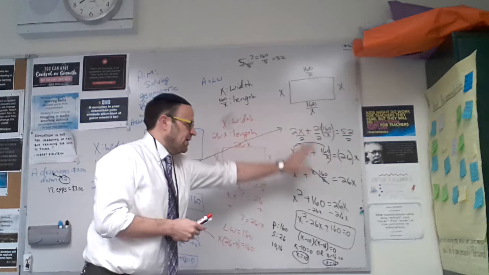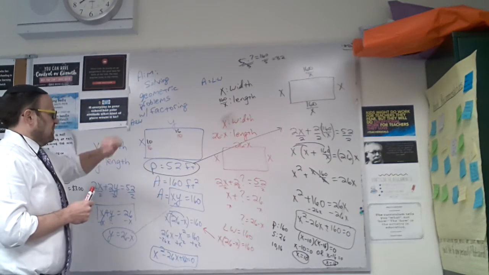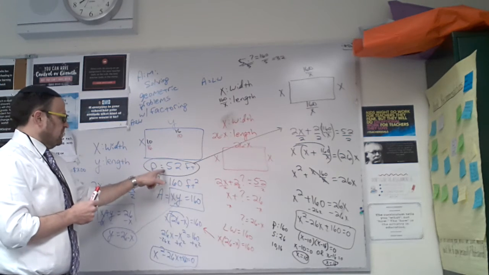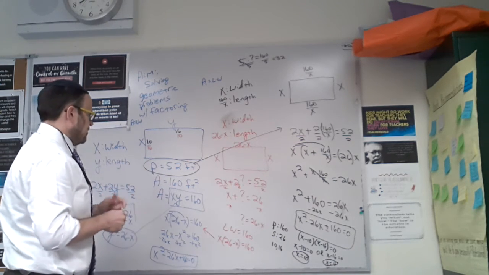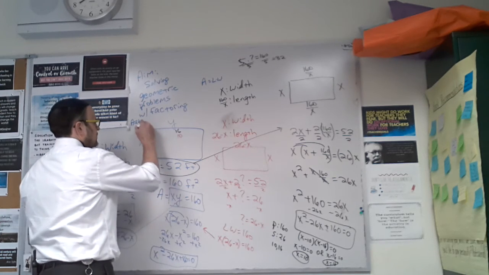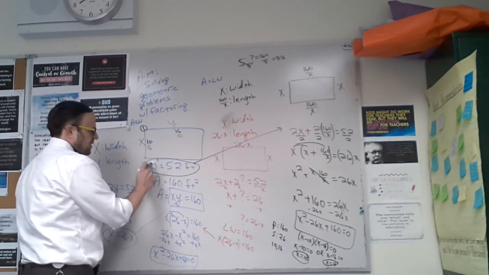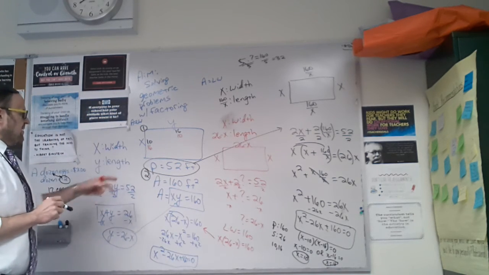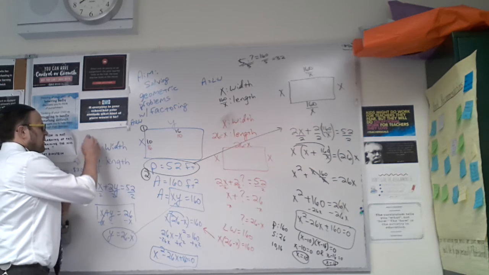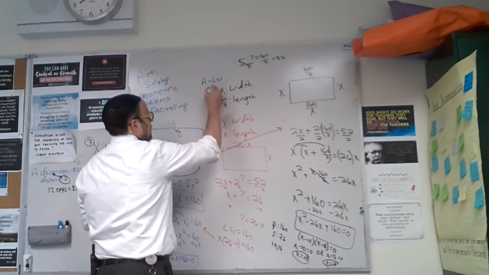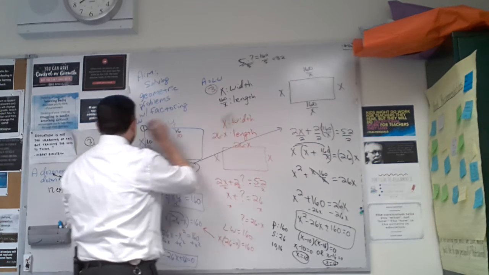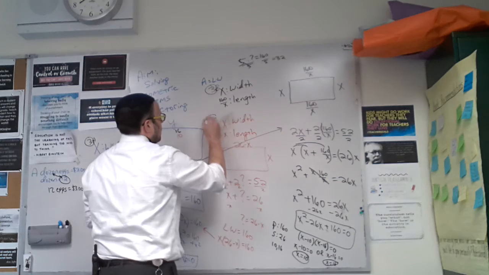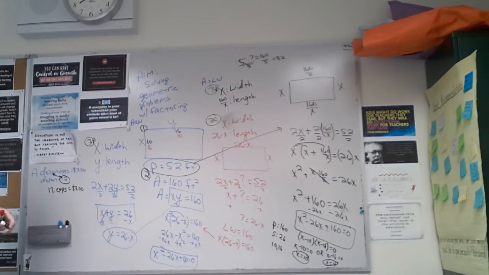Okay, so again, how did we solve this problem? Step number 1, diagram. Step number 2, write down our information. It tells us perimeter was 52 and area was 160. Step number 3, assign my variables. Whether you're going to assign them as option A, option B, or option C, you have to define them.